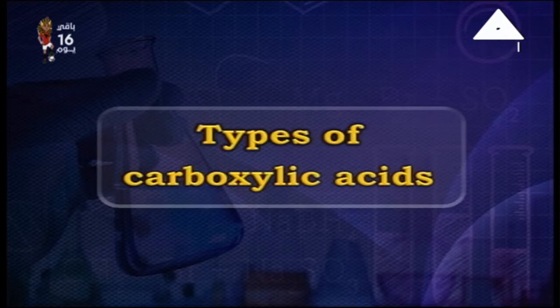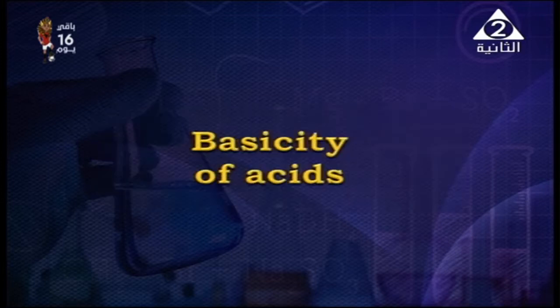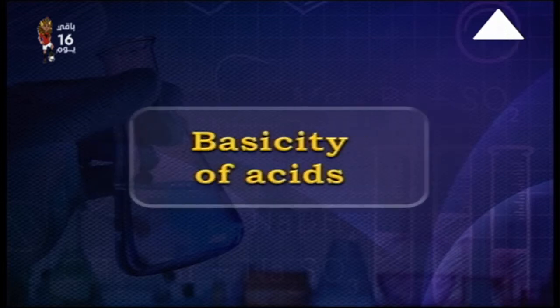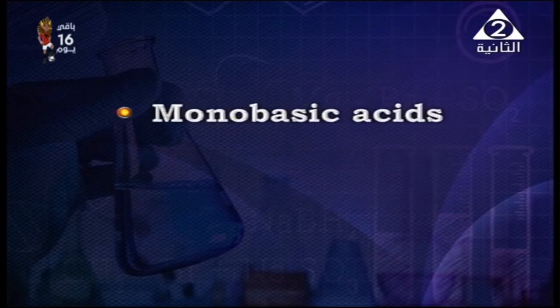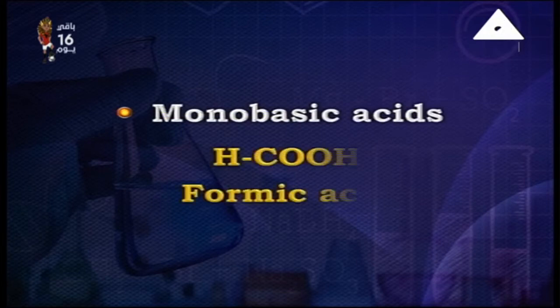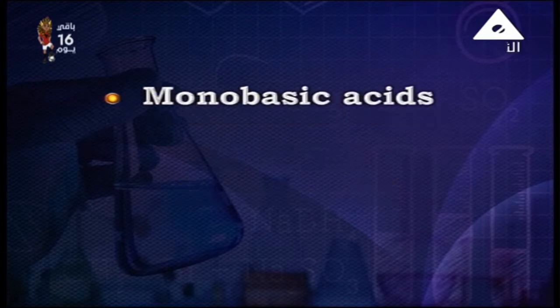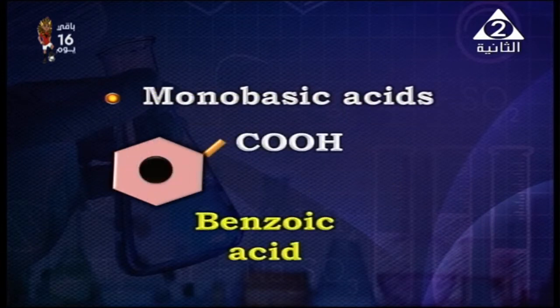The types of carboxylic acids. The basicity of acids. Here the number of carboxylic groups in an organic acid is its basicity. Here monobasic acids, as formic acid HCOOH, also a monobasic acid which is an aromatic acid is benzoic acid, C6H5COOH.